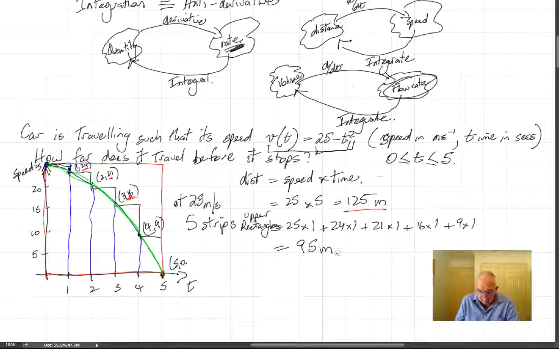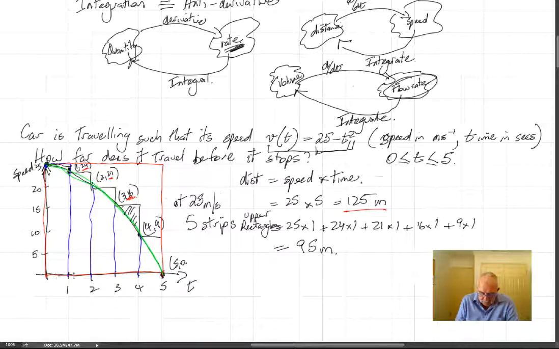And we get 95. You know that it's not going to travel that distance because we've calculated, say, between 3 and 4 seconds, this bit up here, which it won't have travelled. It'll only have travelled below there. So we're going to be way too generous here.